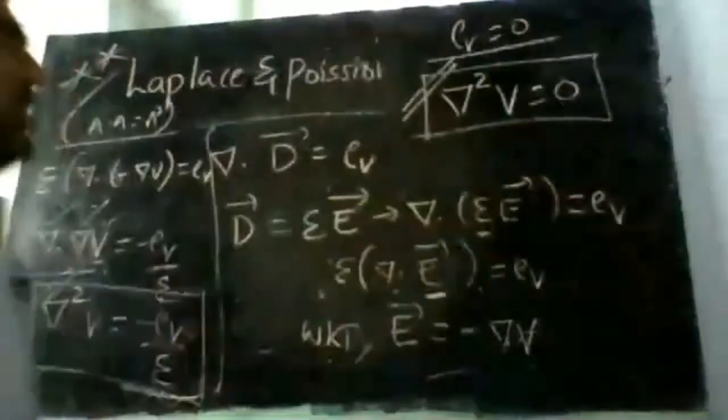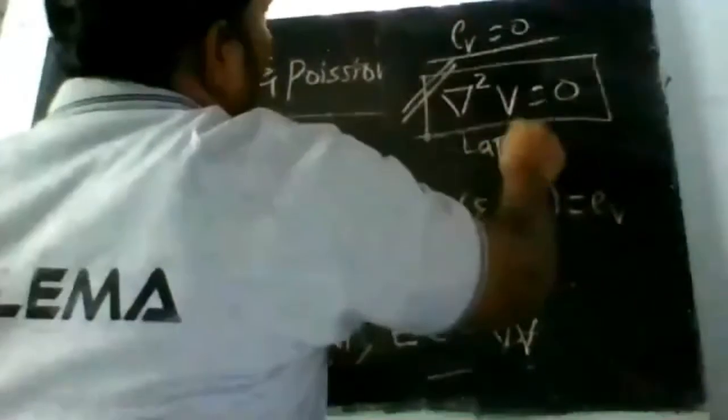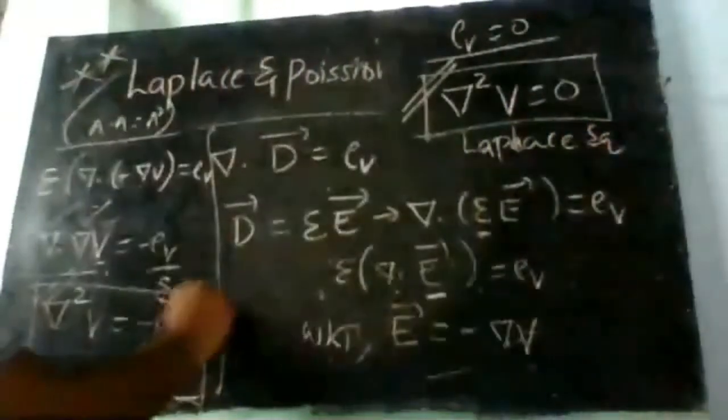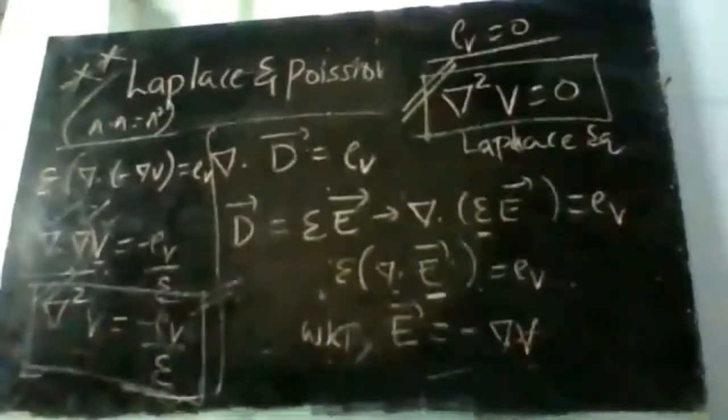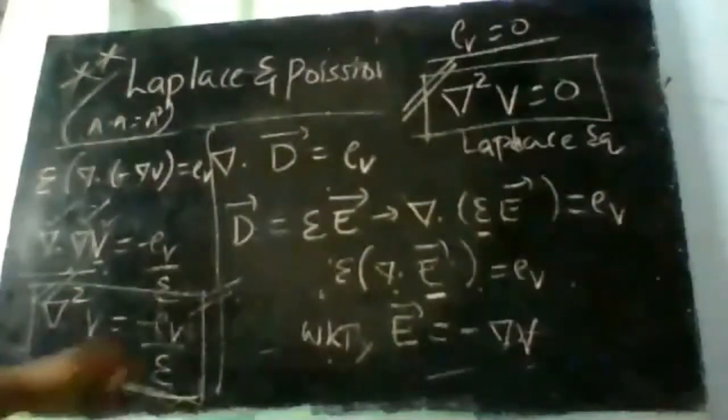So this equation is called the Laplace equation. Del square v is equal to 0 is called the Laplace equation of electrostatics, whereas del square v is equal to minus rho v by epsilon is called the Poisson's equation of electrostatics.